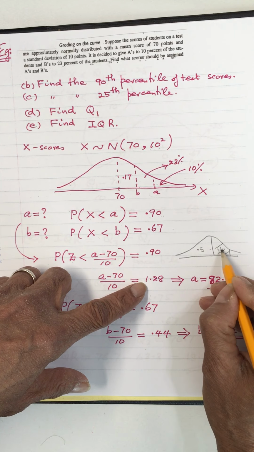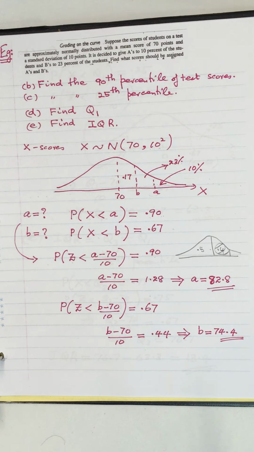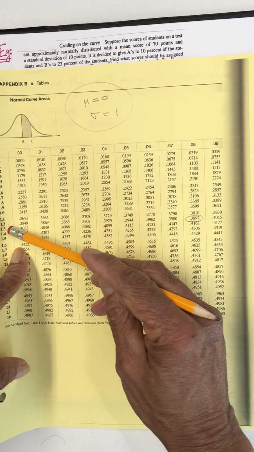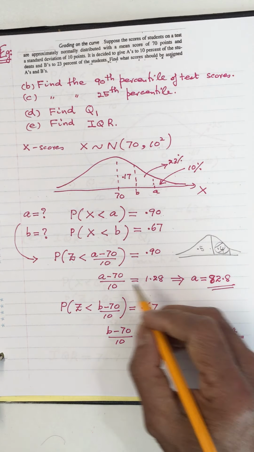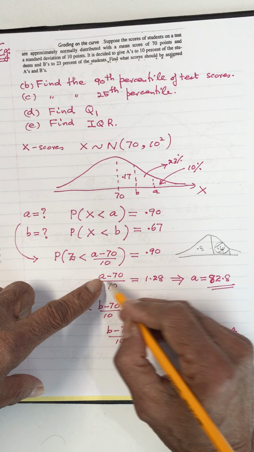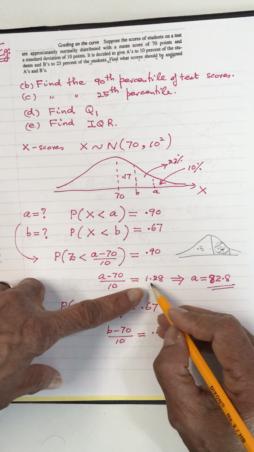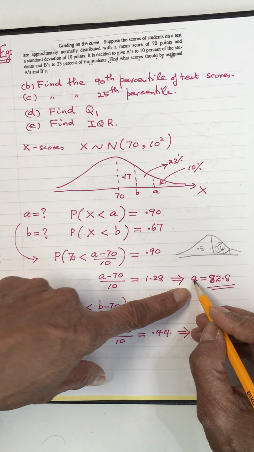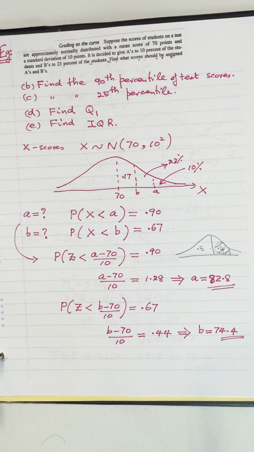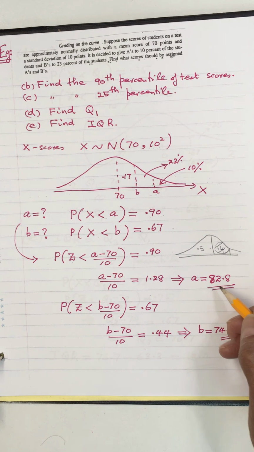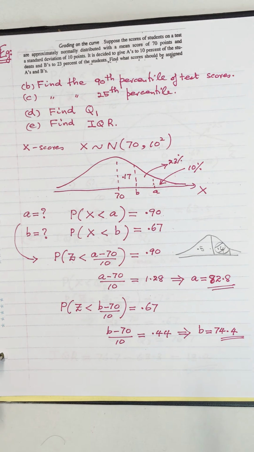You need to look for this value as close as possible inside the z table. The closest value is 1.28. So (a minus 70) divided by 10 equals 1.28. Cross multiply, the a value is going to be 82.8. So basically, anybody with 82.8 or higher will get A's.